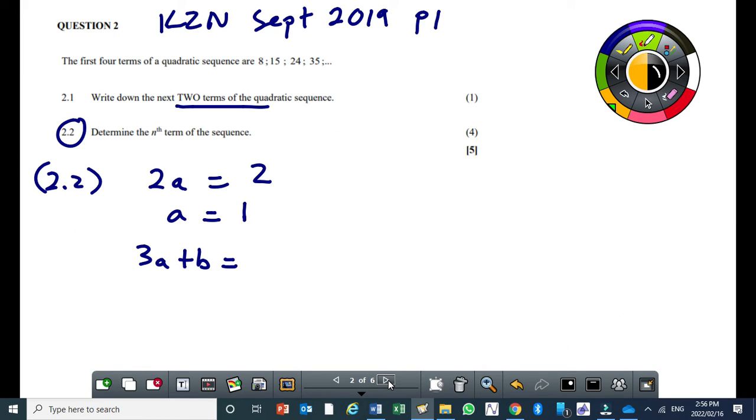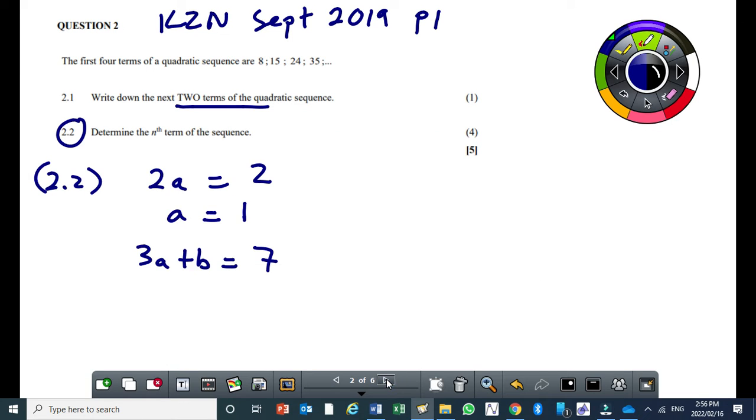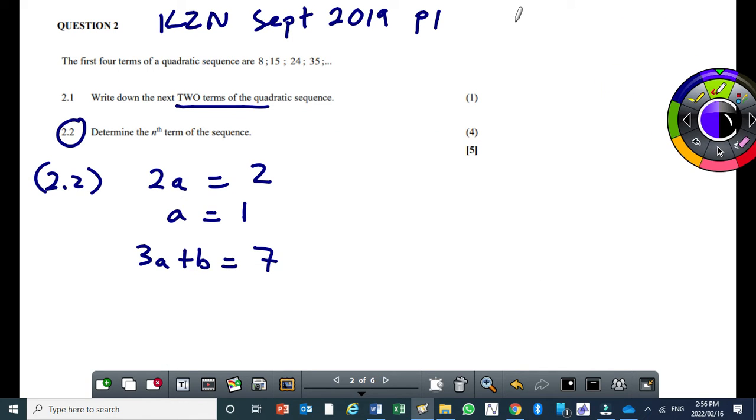The first term is going to be 3a plus b equal to 7. Okay? So that will be equal to 7. If you decide to use the second term, which is a 9, okay, I'm just showing you this. If you decide to use the 9, then your formula for calculating b will be 5a plus b is equal to 9.